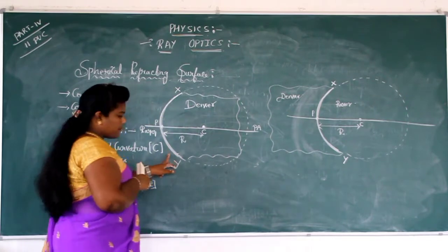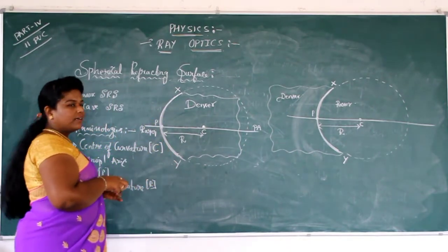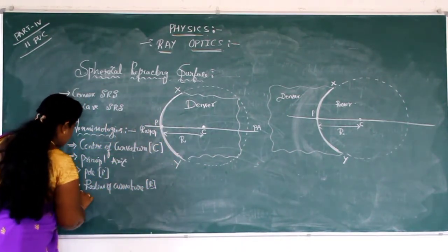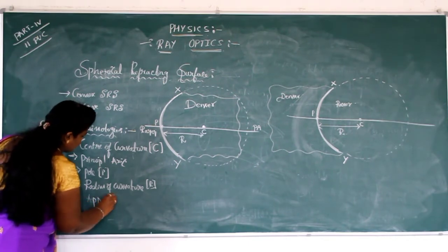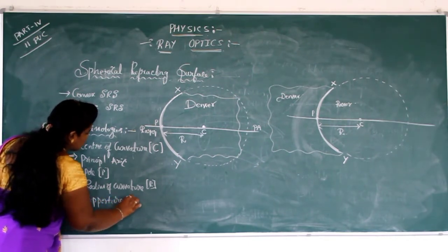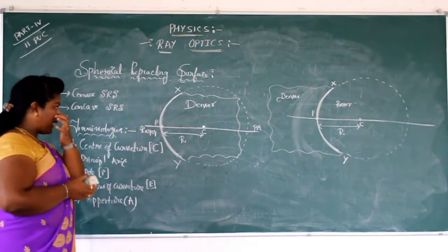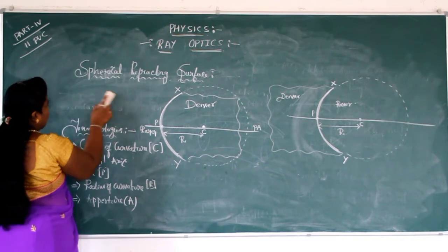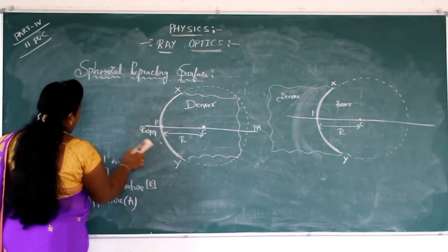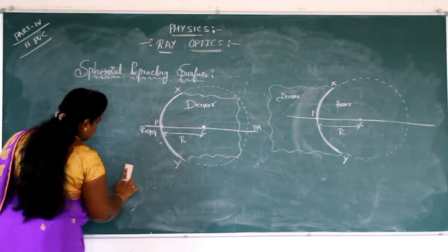The part of a sphere which refracts the incident beam of light is called the aperture, represented by the symbol capital A. So, my dear students, these are the terminologies related to the convex and the concave refracting surfaces.